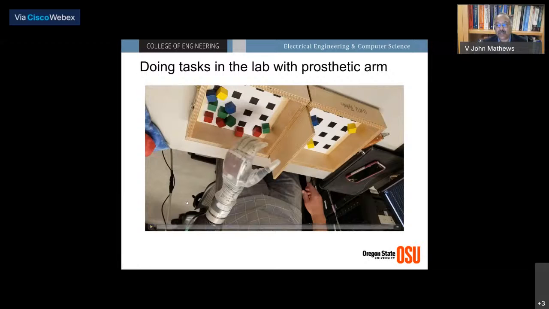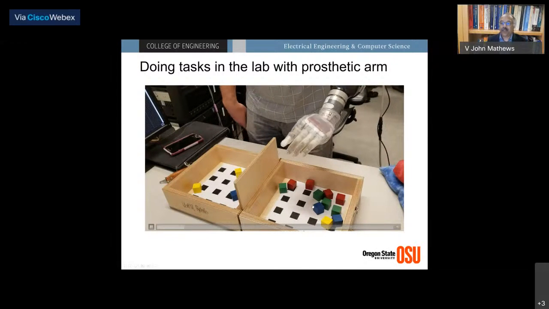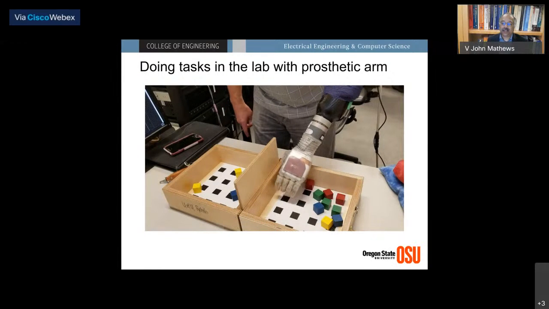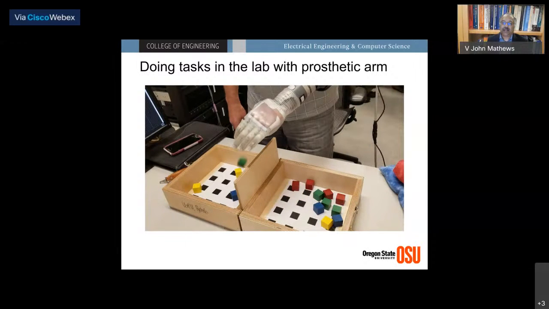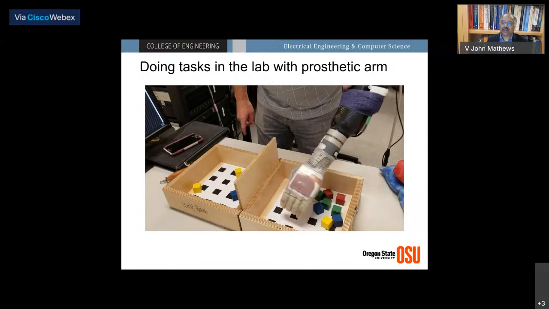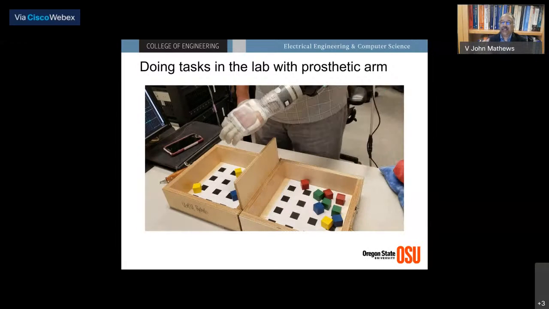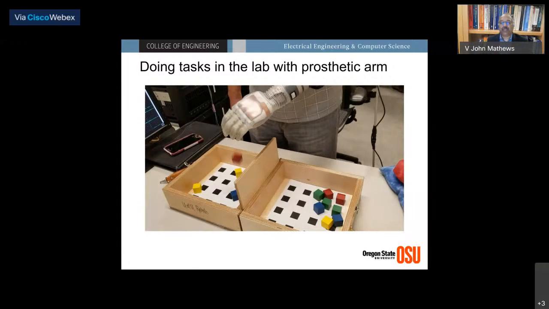There is a freedom position control, the wrist and flexion. So there is a little bit of awkwardness in it, but still he's able to pick up these objects. The hand itself and the ankle are not actually implemented here.